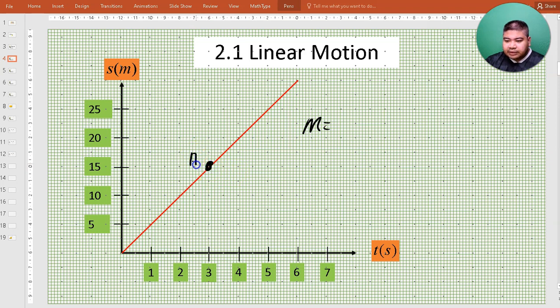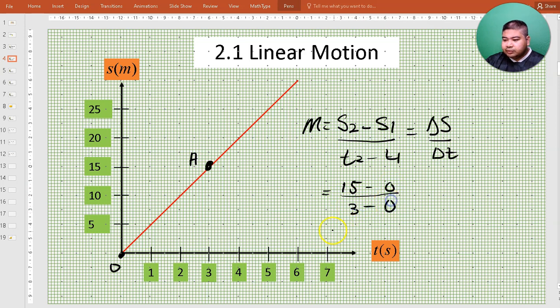So this is point A, and then this is point O. So the gradient of the graph, instead of y2, we are going to use s2, and then minus with s1, divide by t2 minus t1. So this is actually delta s over delta t. So if we substitute the value, 15 minus 0 divided by 3 minus 0, so you will get 5.